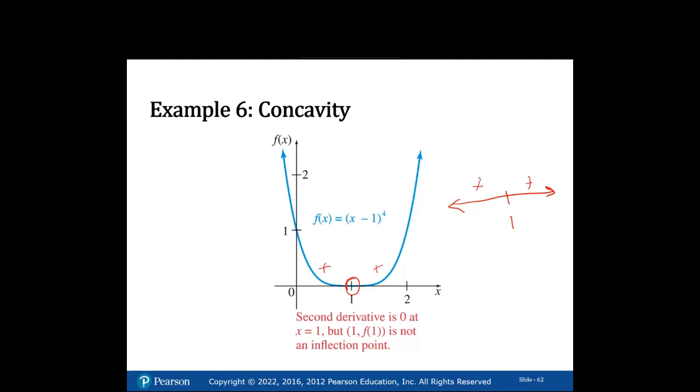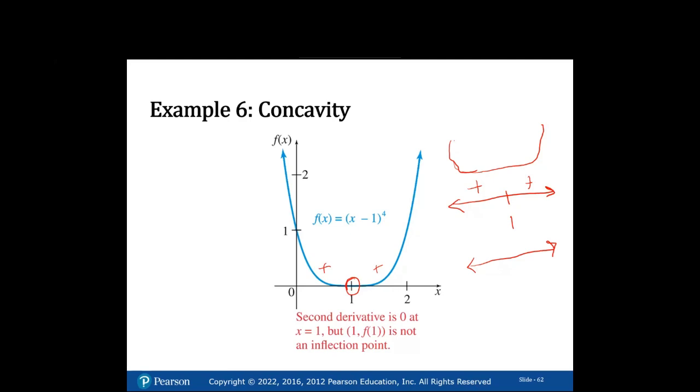So what it's telling me is that really I'm doing something like this, a big giant open concavity. I'm not switching from one to another. So kind of like how with our critical points, we said that it's not always a max or a min, that if we take a point and it's both on both sides the same, positive, positive, or negative, negative, it is not a max or a min.